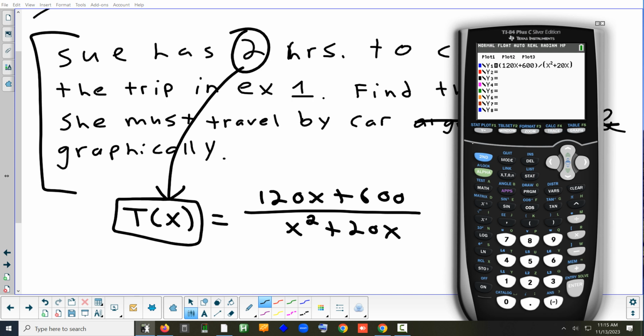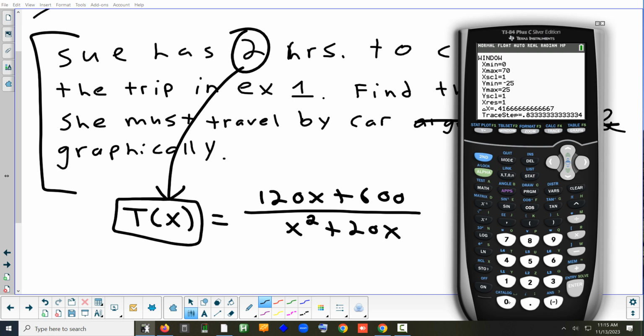Okay. Well, I can tell you it never will hit 0 because that's a horizontal asymptote. Right. So if you put in 0, that's a line that you'll never reach. What line is it that we want to reach? Yeah? We want to reach the time of 2 hours. So we're going to put a line in at 2 and then see what happens.